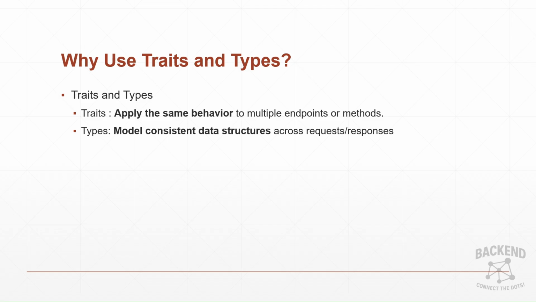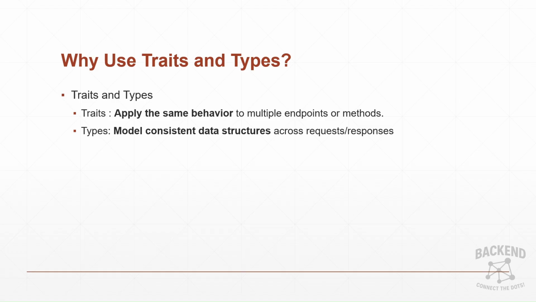By using the type, you say this is the sample request I'm going to expect. If multiple endpoints use the same type, it's better to keep it in one place and call it into your endpoint. That's a very good practice.